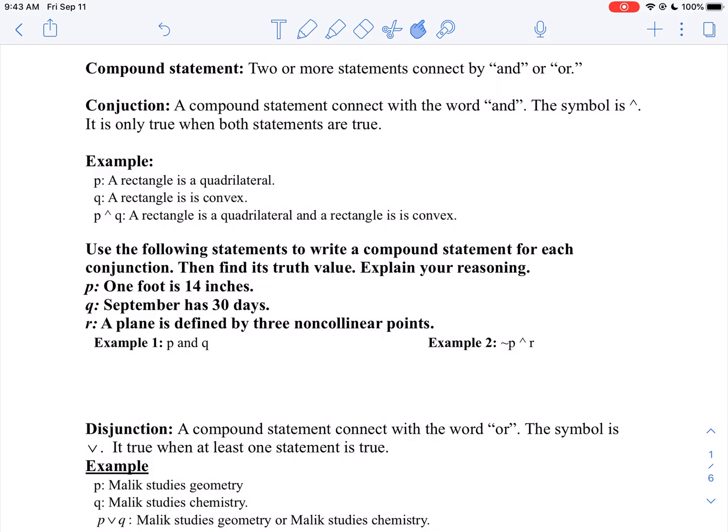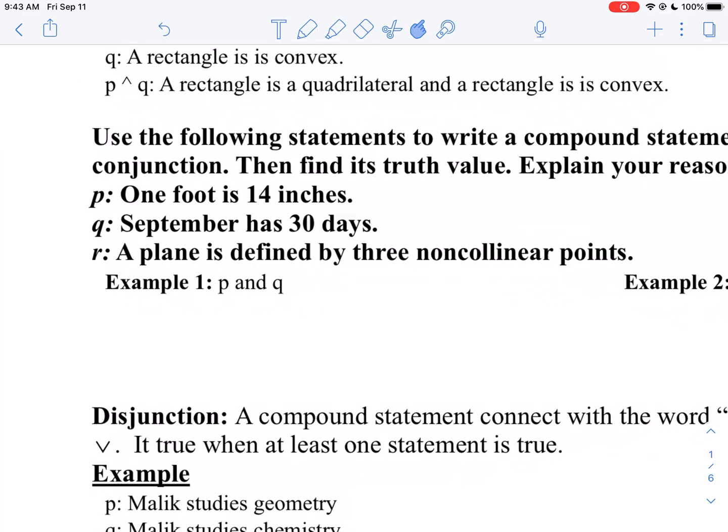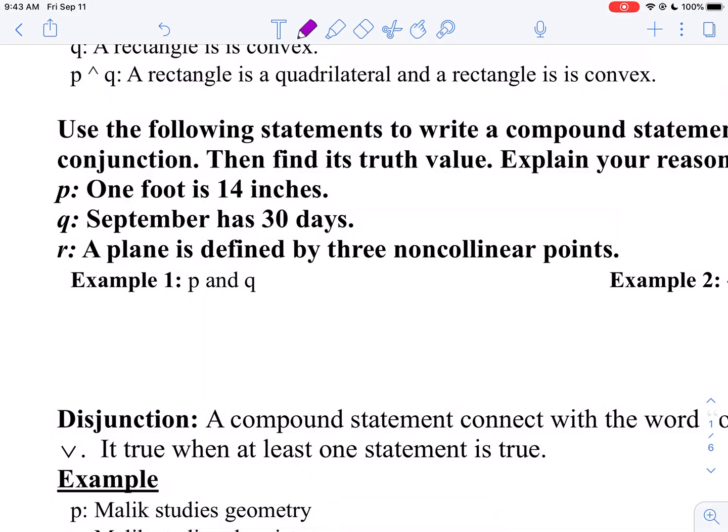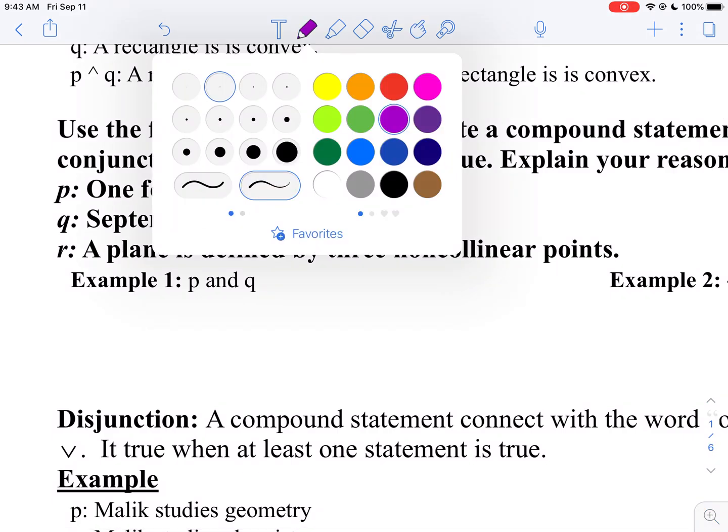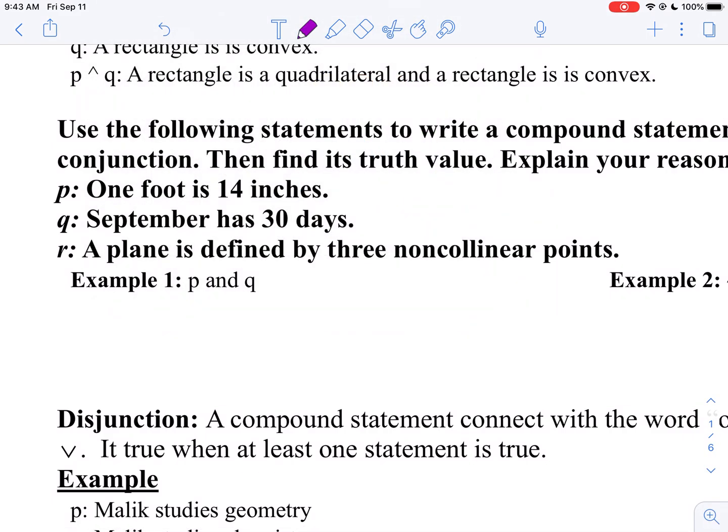So we want to write P and R. I'm going to blow this up a little bit so I can write a little smaller. We're going to say 1 foot is 14 inches and a plane is defined by 3 non-collinear points.